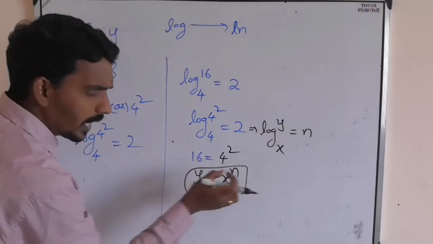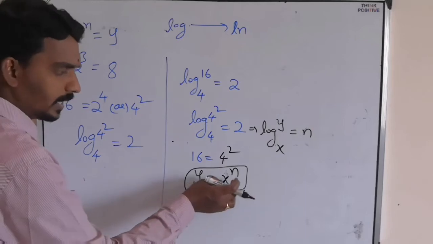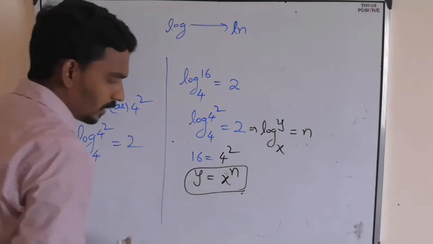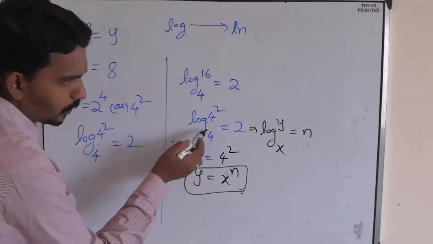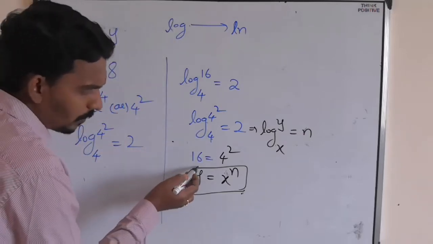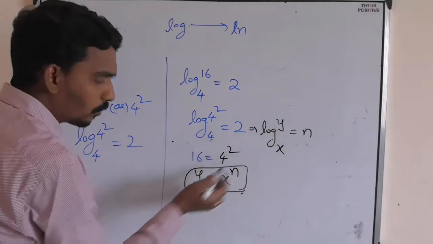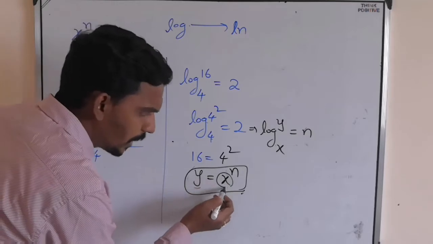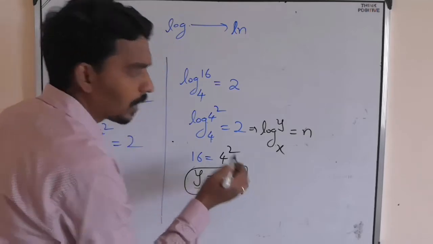So x power n is the exponent, and that exponent value is equal to y. Then if you see the logarithm of this result with respect to this base, it is equal to this power.